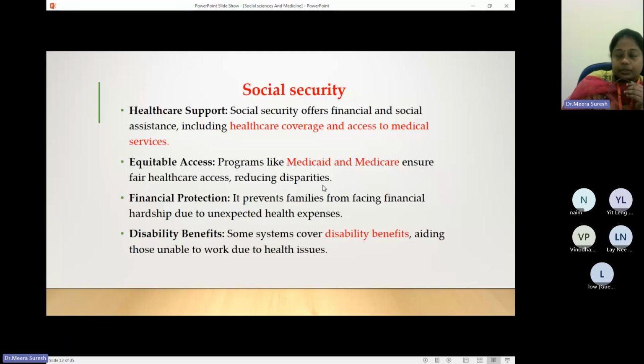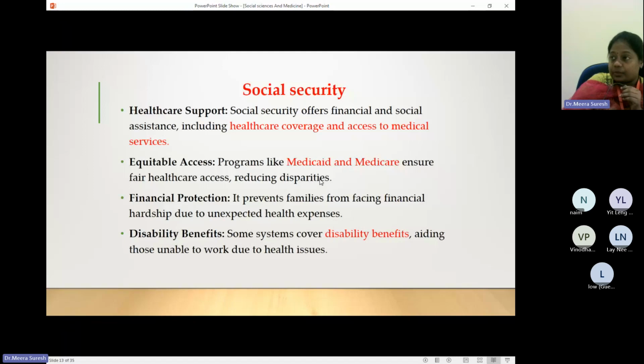So it is always the people in this lower middle class who are affected, because according to the government criteria, they are above the poverty line. They are not going to get this government facility of social insurance, and they are not rich enough to pay the very high premium of private insurance. So this is the worst section in India; they don't get enough social security.